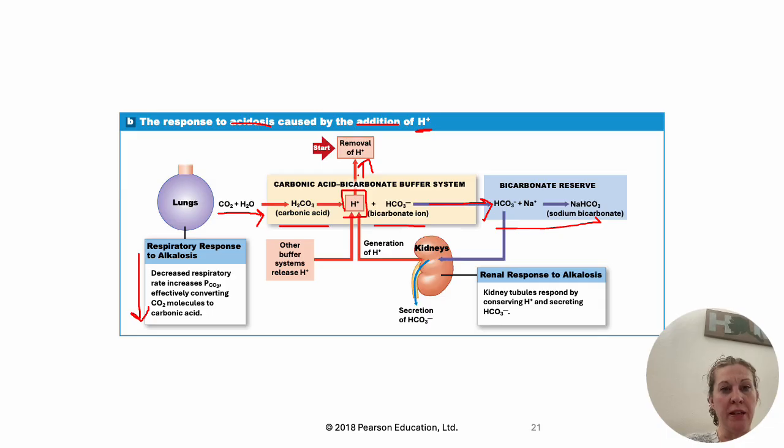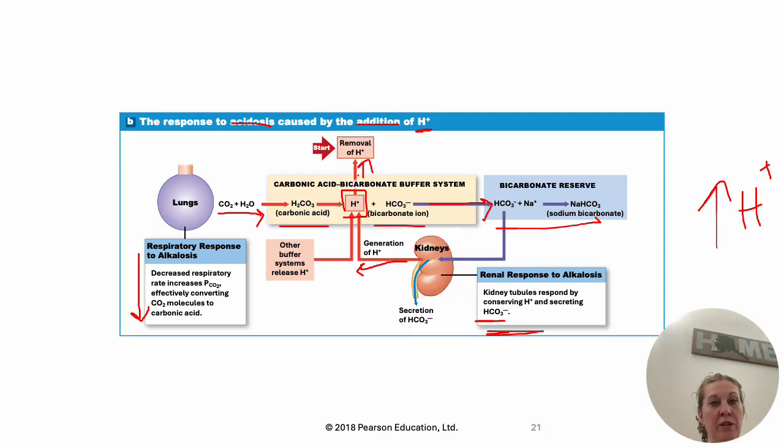And then the kidneys do generate hydrogen ions as well by reabsorbing them from the filtrate and helping to secrete bicarbonate ions. So all in all, this is going to combine to increase the hydrogen ion concentration in the plasma and restore the pH, reduce the alkalinity, and increase the acidity.